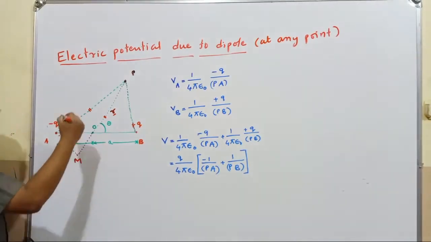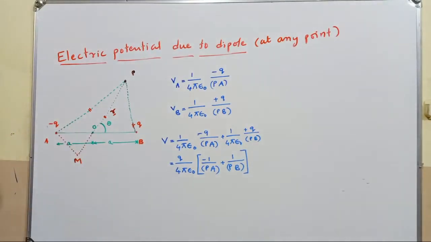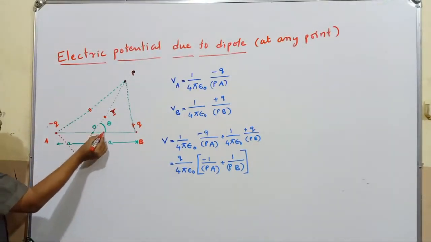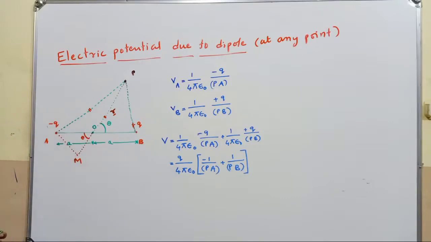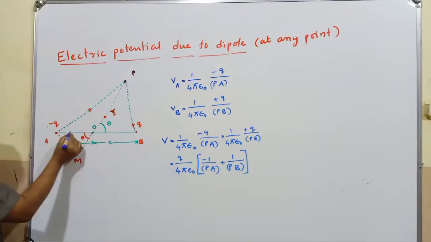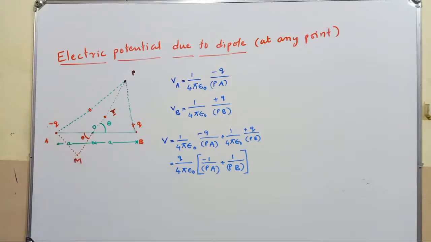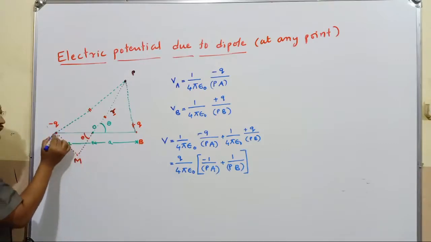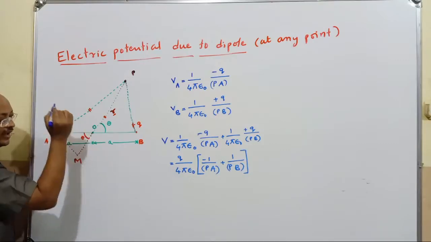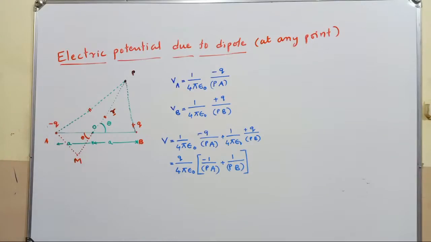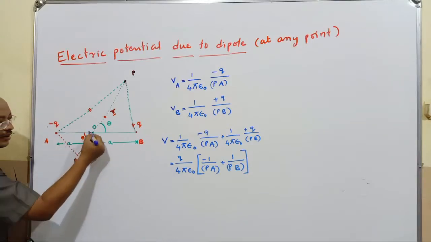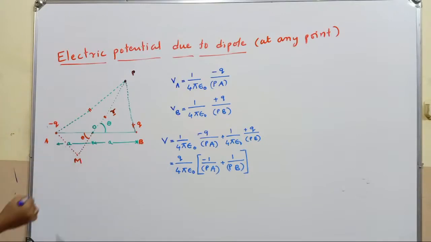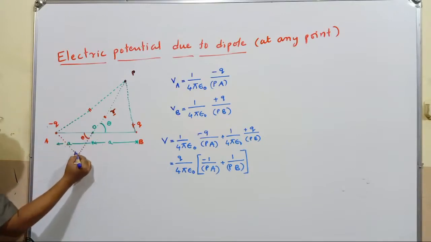When this angle is theta, this also will be theta. In this right angle triangle, I know this length is a. This is opposite, whereas this is adjacent, and I want this length.